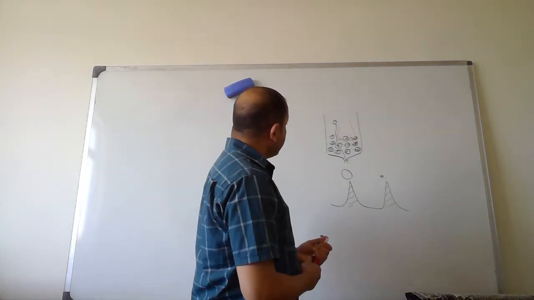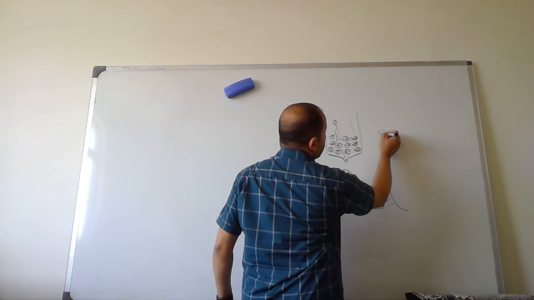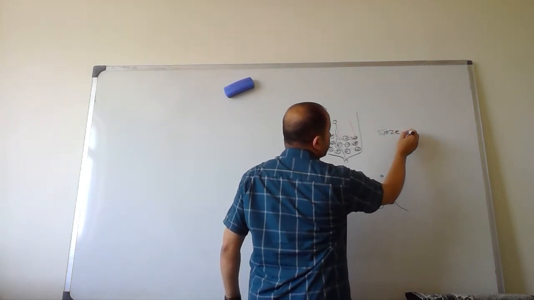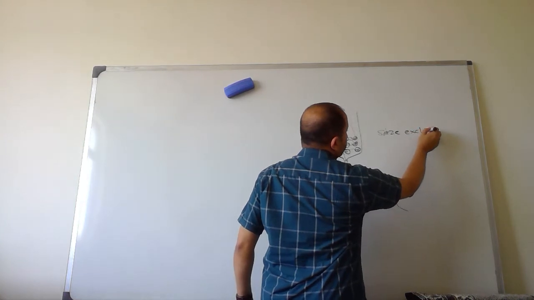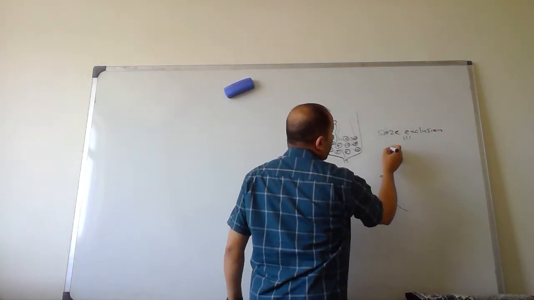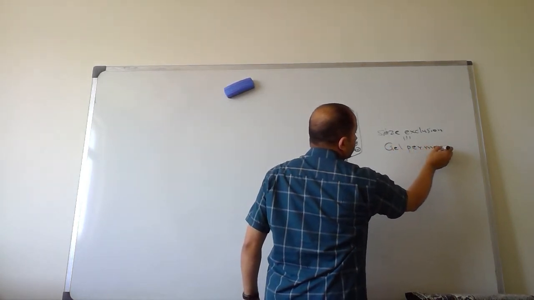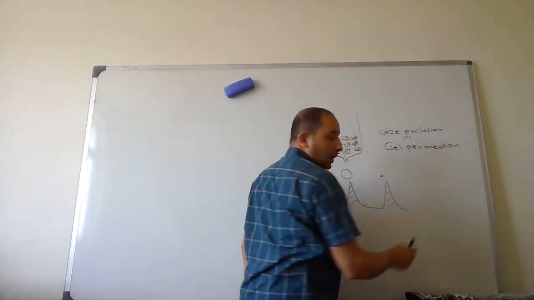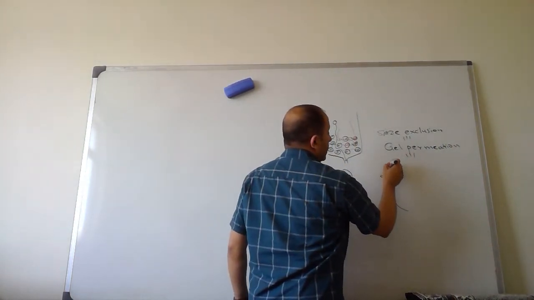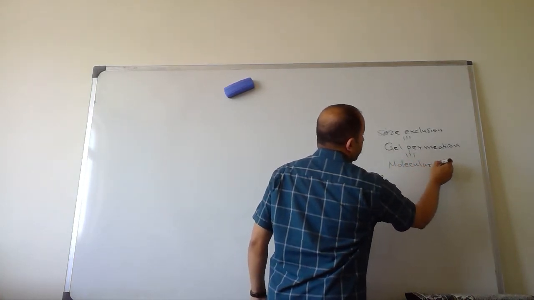We call this mechanism, if you remember, size exclusion. Size exclusion mechanism also has other names like gel permeation, and we can also call this mechanism the molecular sieve mechanism.